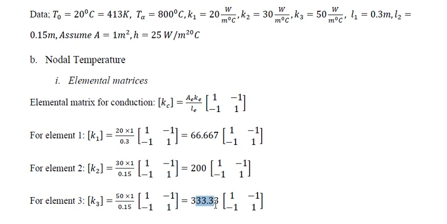We will get 333.33, -333.33, -333.33, 333.33. You should understand that the degrees of freedom here are 1 2 1 2. Here it is 2 3 2 3. Here the degrees of freedom are 3 4 3 4.